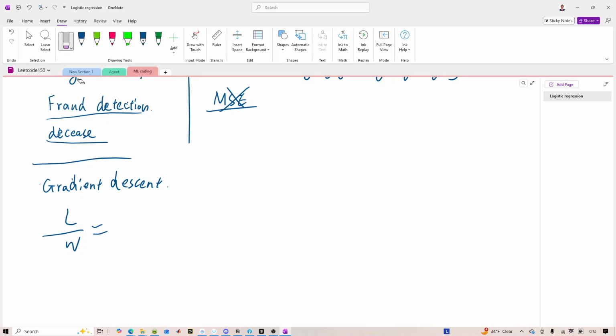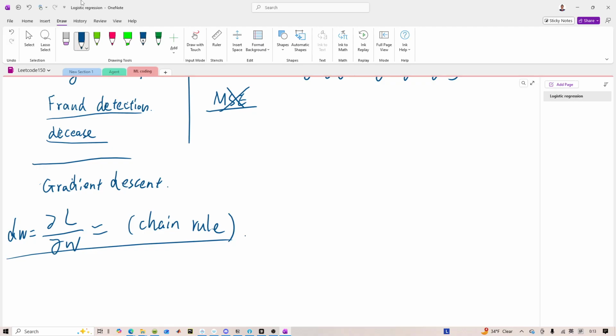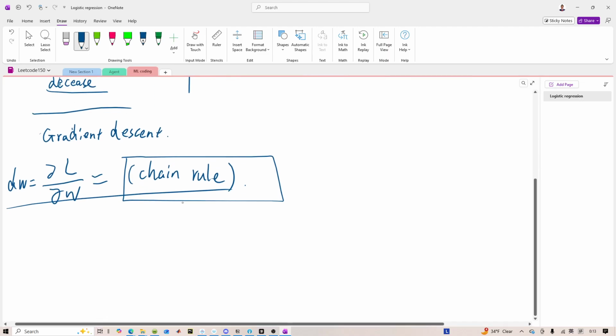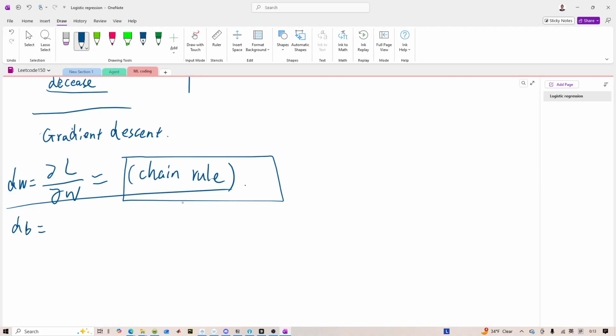Usually, instead of d, we use partial derivative, and this is denoted as d omega. And here you will use the chain rule. You will not be asked to derive these things usually, but at least you should be able to point out the way you derive it. And once the gradient is computed, similarly we compute dB, the partial derivative with respect to the bias.